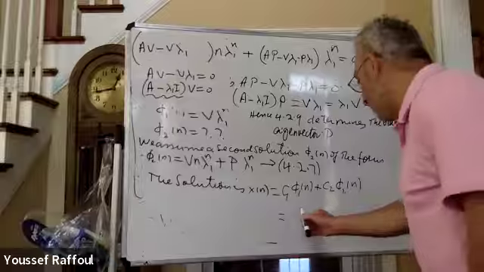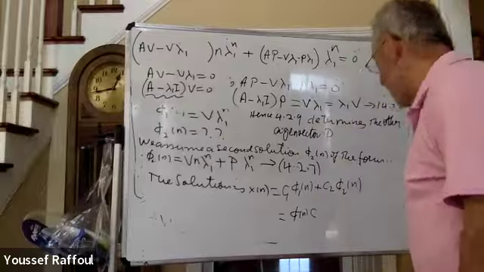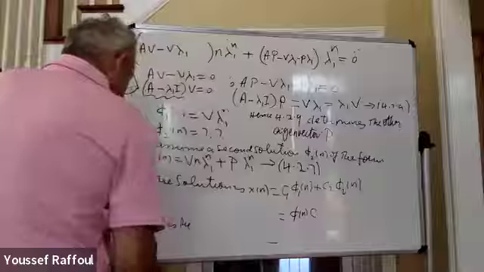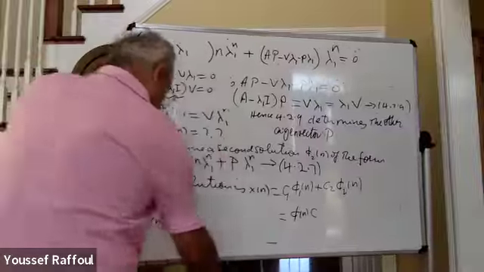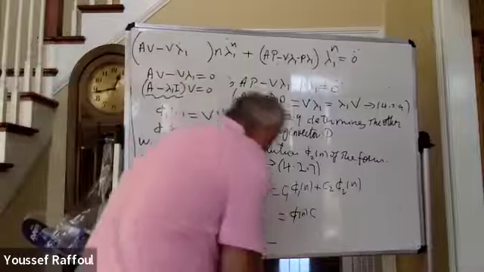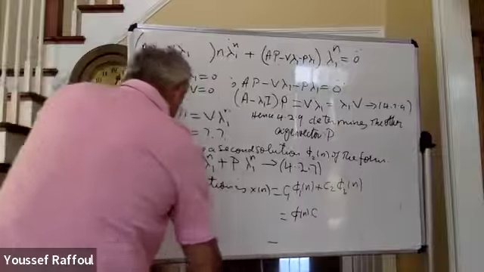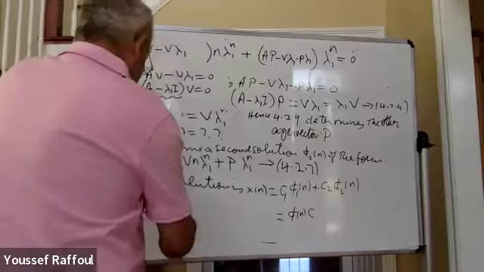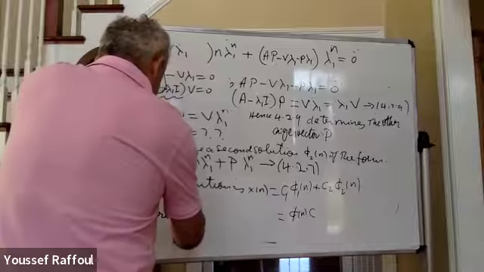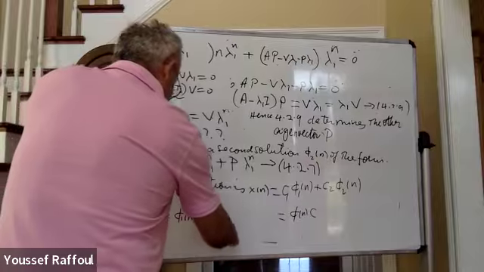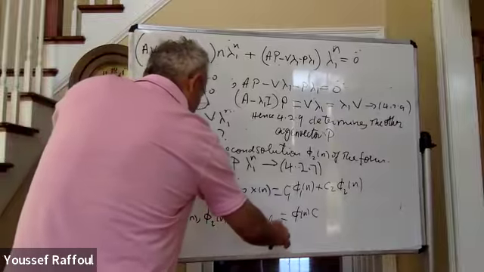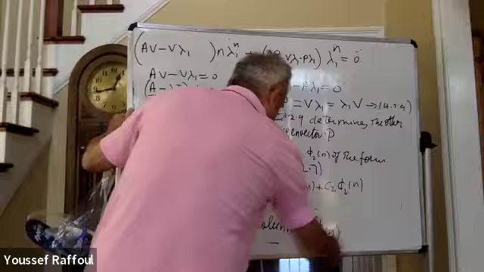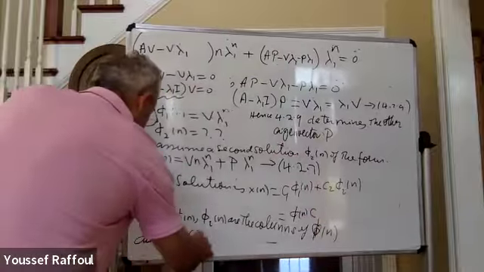And this can be written as phi of n times c, where phi 1 and phi 2 are the columns of phi of n, and c is (c1, c2).